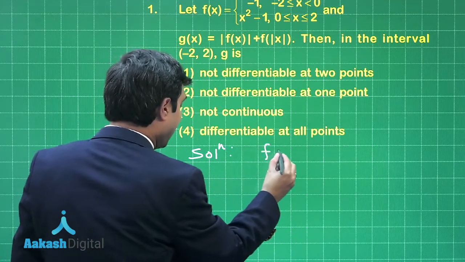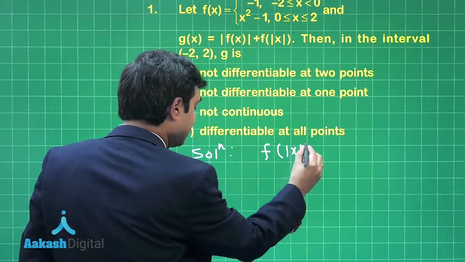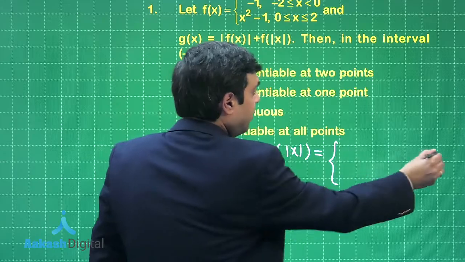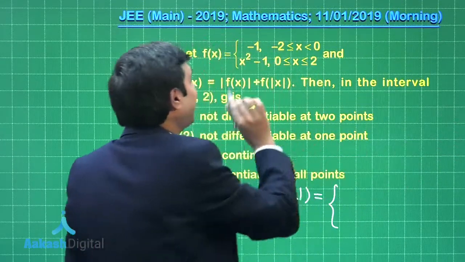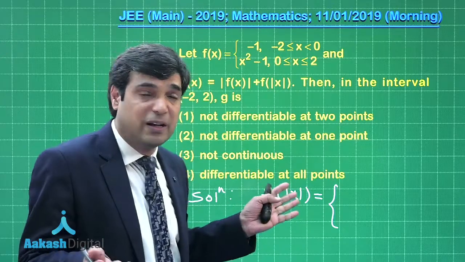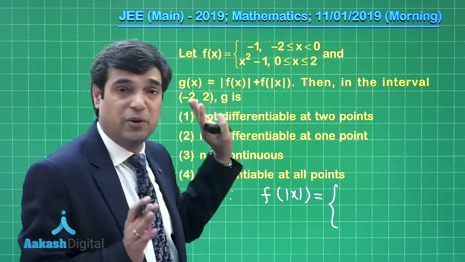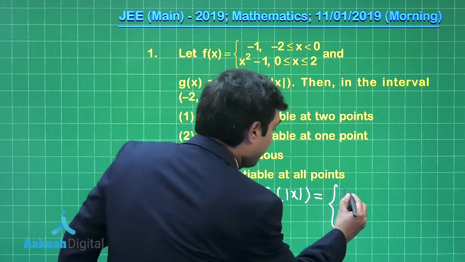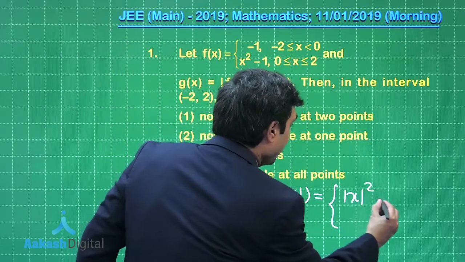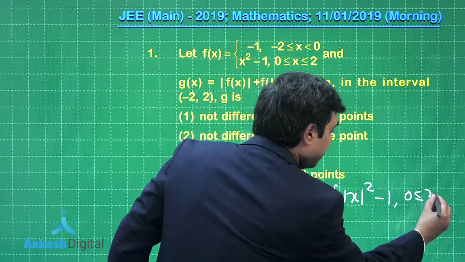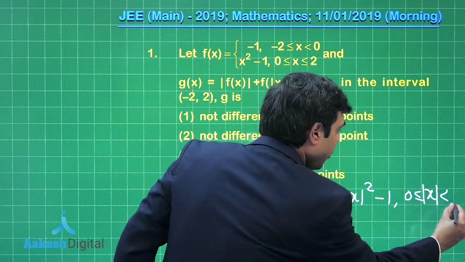When you talk about f of mod x, this will be equal to, when you substitute here, -1 when mod x is between -2 and 0, which is not possible. So clearly there is no point of substituting in the first case. Second, when you substitute here, you get mod x square -1 when mod x is between 0 and 2.